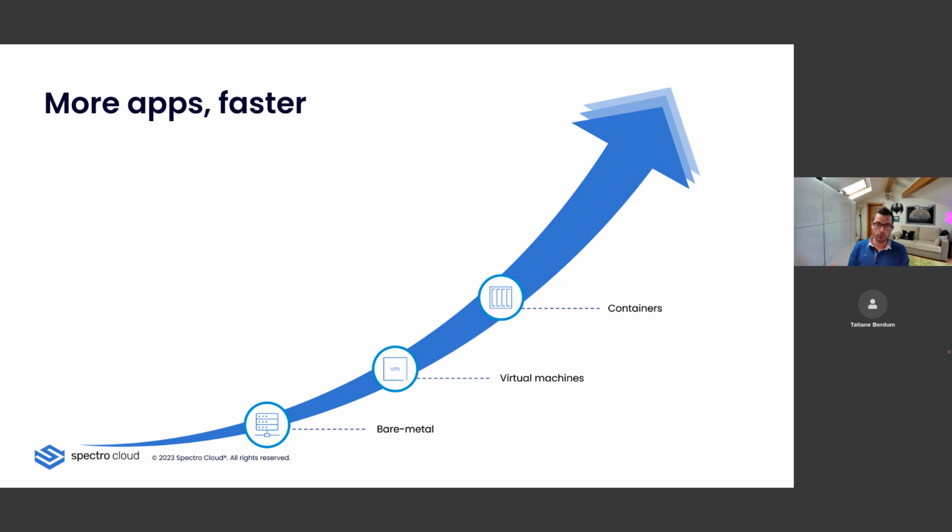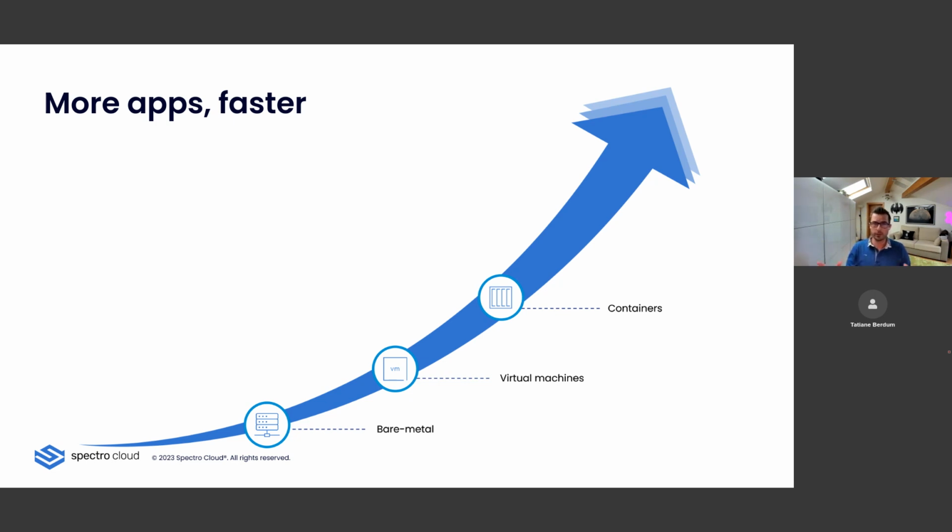But then Docker arose, and it really brought that simplicity and ease of use for developers. It was easier for them to develop and deploy applications on their laptop or development environment, but then they had to push into production.